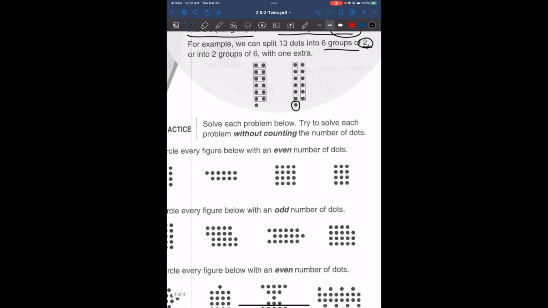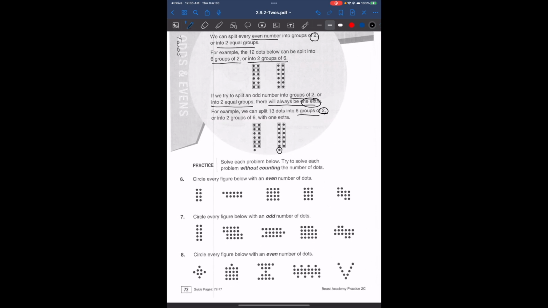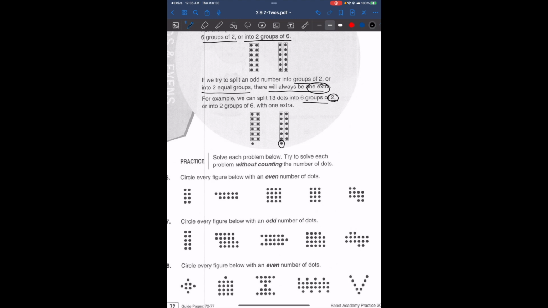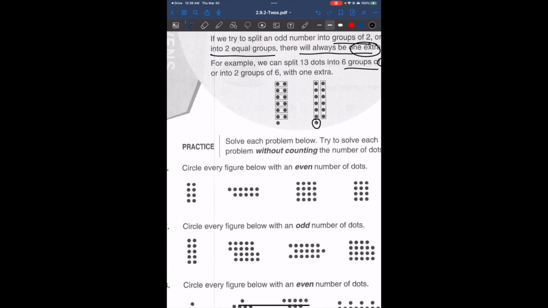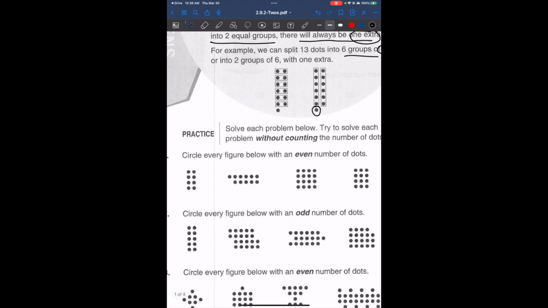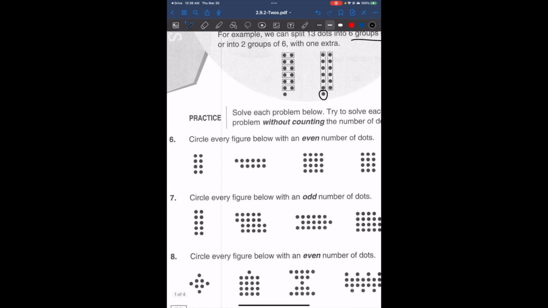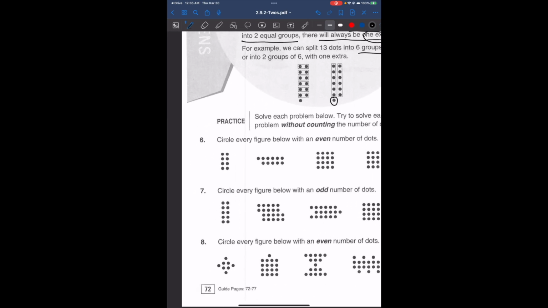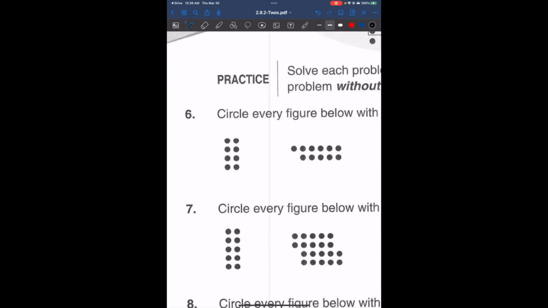So solve each problem. We have some practice problems, and it says try to solve each problem without counting the number of dots. So without counting, we're going to try to figure out if the figure has an even number of dots or not.